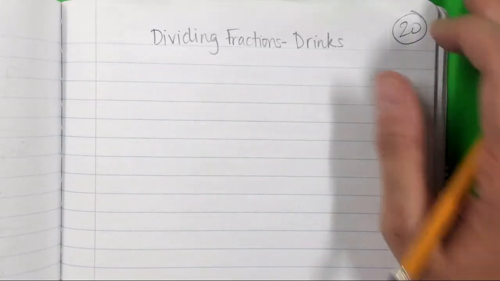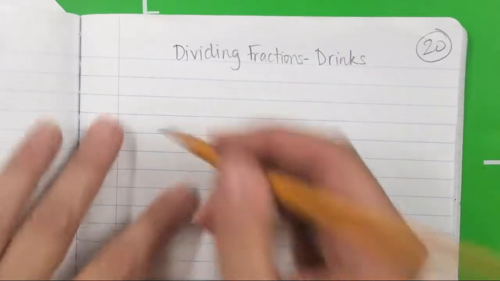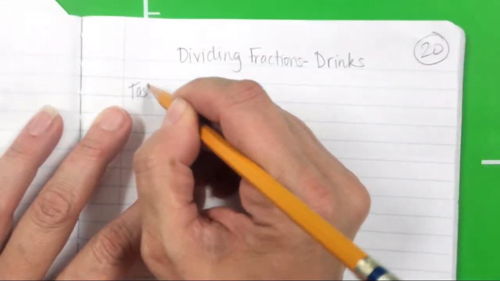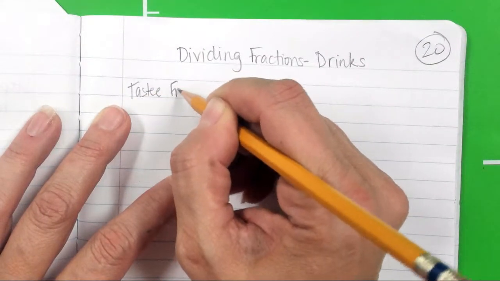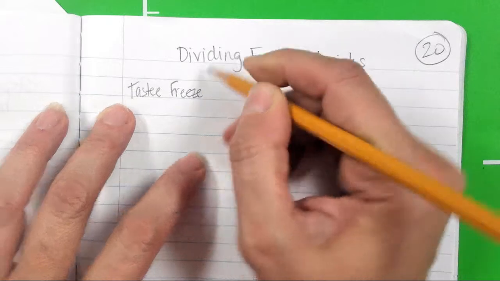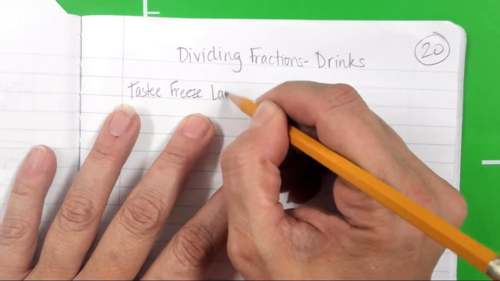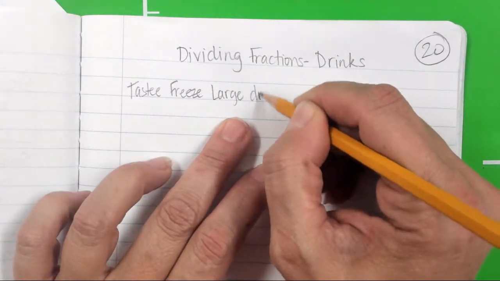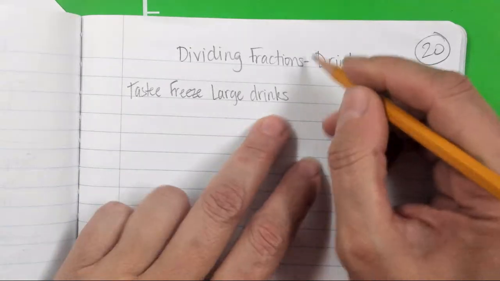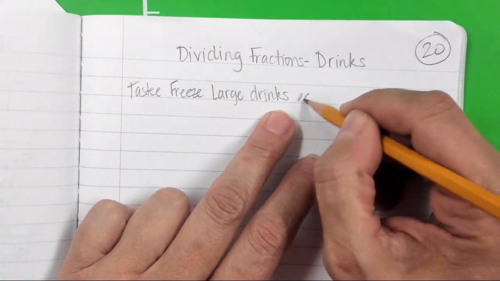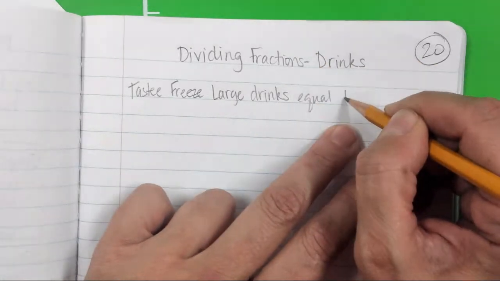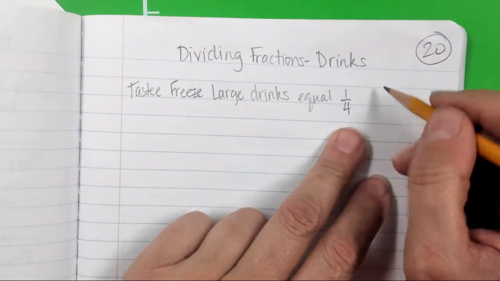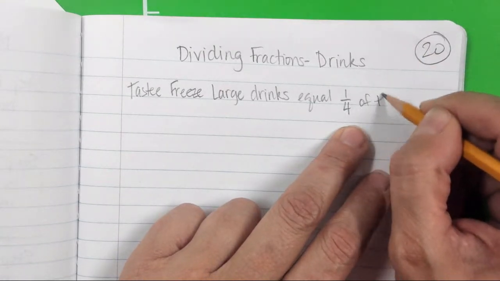So our example that we're going to work with is Tasty Freeze. Is that a real place? I don't know. Tasty Freeze large drinks equal 1/4 of their small drinks.